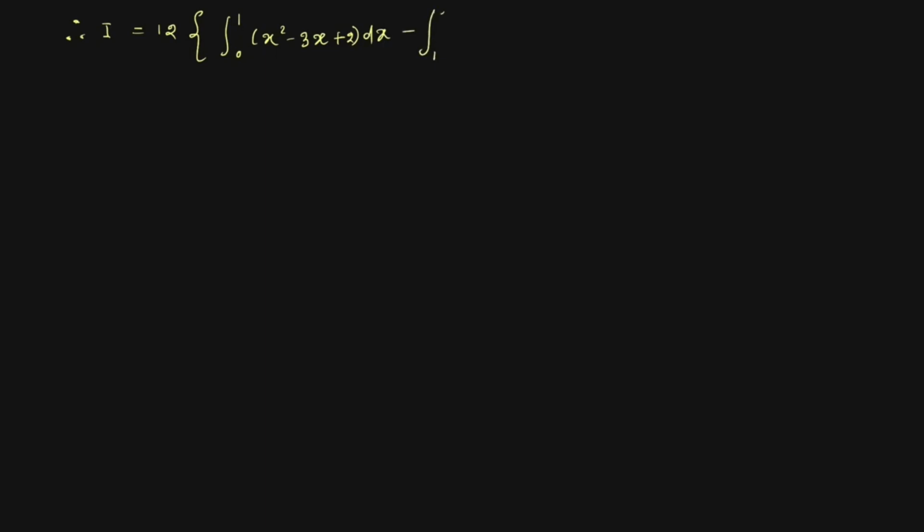So therefore I we are able to write as 12 integration of 0 to 1 x square minus 3x plus 2 dx minus 1 to 2 x square minus 3x plus 2 dx plus integration of 2 to 3 x square minus 3x plus 2 dx.